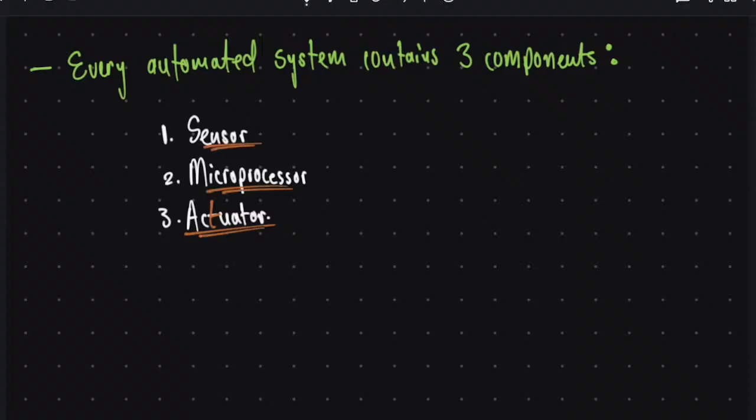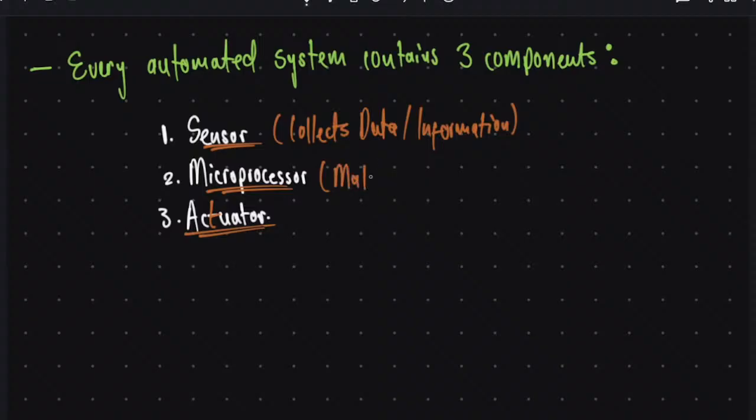Sensor, microprocessor, actuator. This is in every automated system. The sensor collects the information, so you can say it collects data or information. Then the microprocessor, what does it do? It makes decisions after processing data.